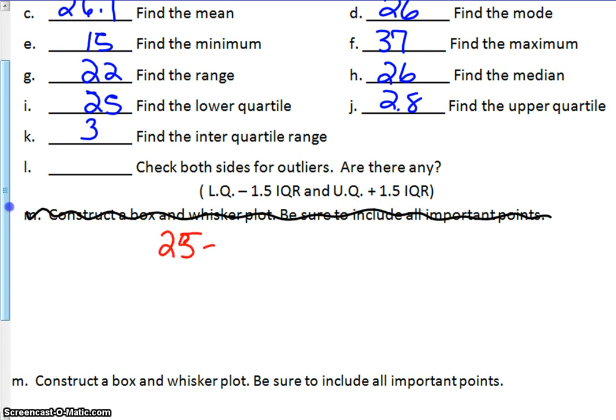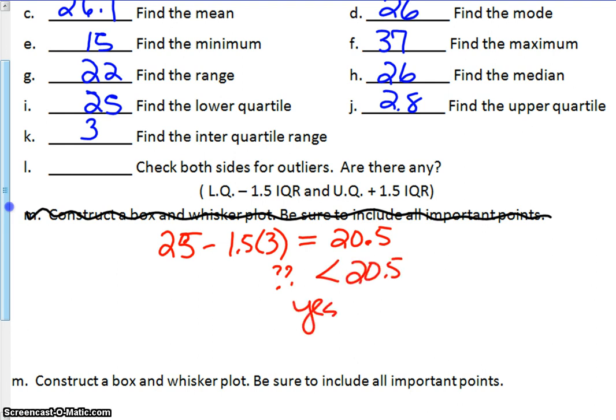Then I subtracted 1.5 times my interquartile range, 1.5 times 3, and what I got for an answer there was 20.5. So I asked myself, are there any numbers that are below 20.5? The answer was yes, there were two: 15 and 20. Those are both considered outliers.